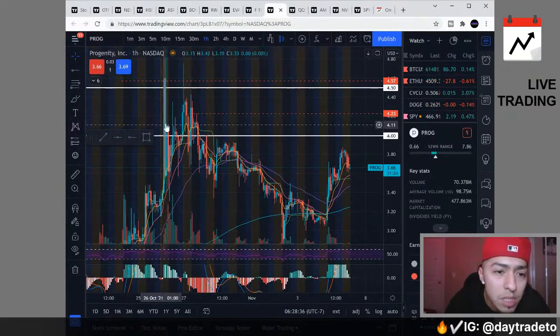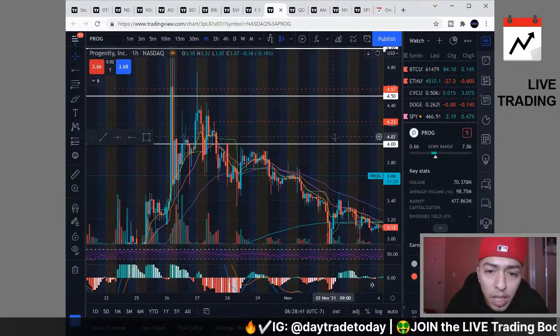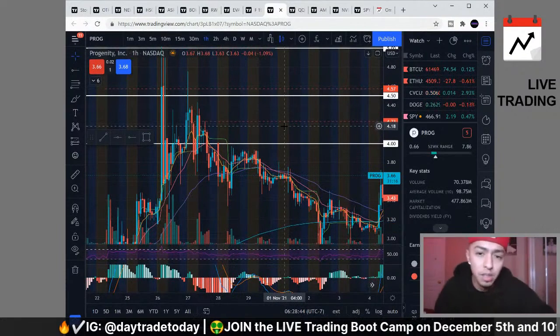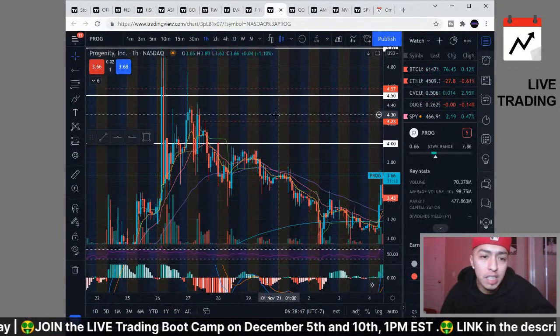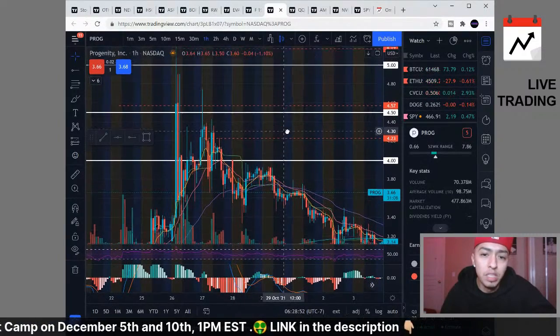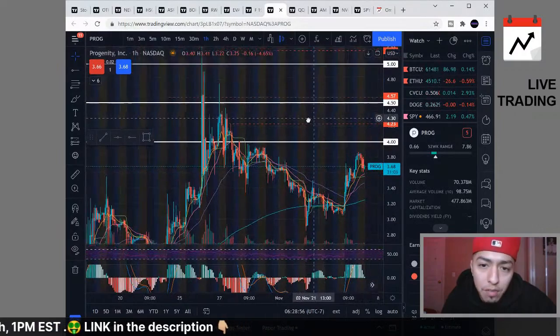What I'm seeing is there's a lot of resistance in this area, and I marked an early entry for 4.23, but that is an early, risky entry. If you want a safer entry, you can take an entry at 4.57.